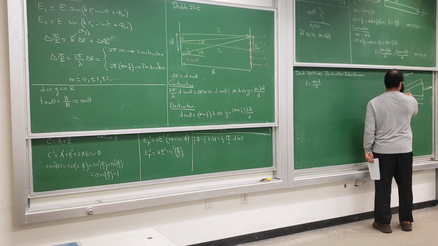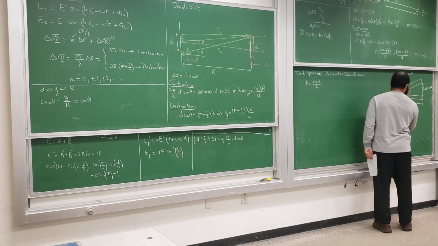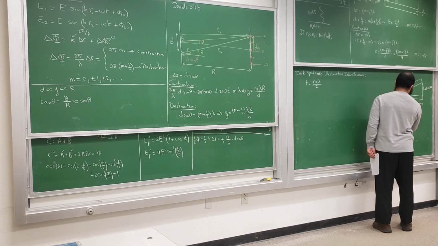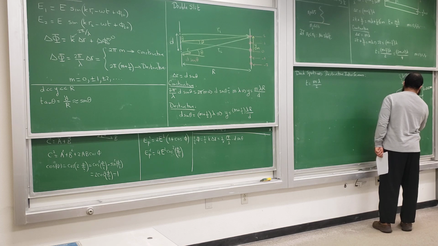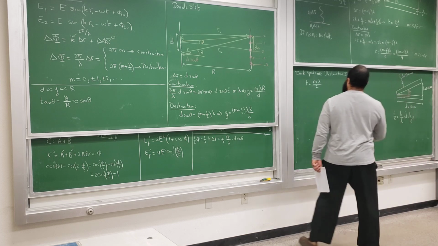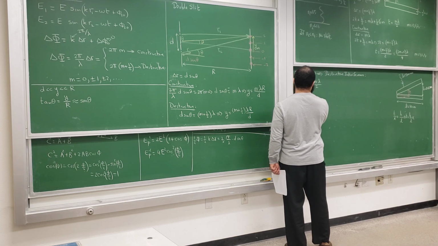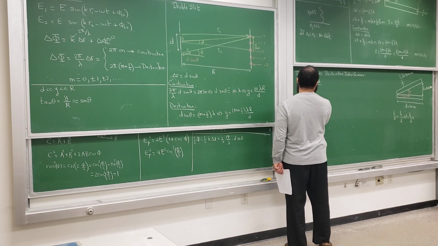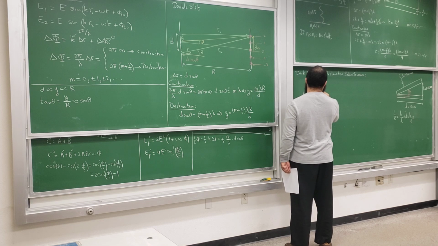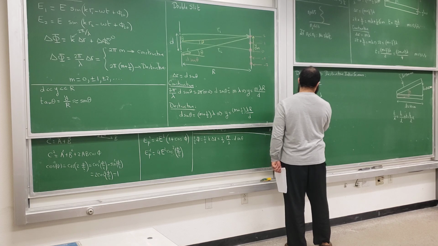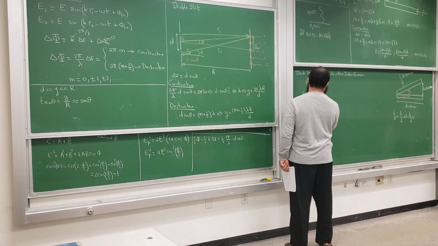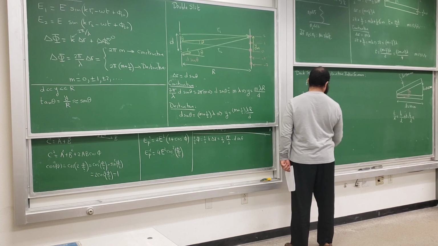That means t is equal to h over l times x. So let me substitute. h over l times x is equal to m times lambda over 2. And so x is equal to m times lambda times l divided by 2h.